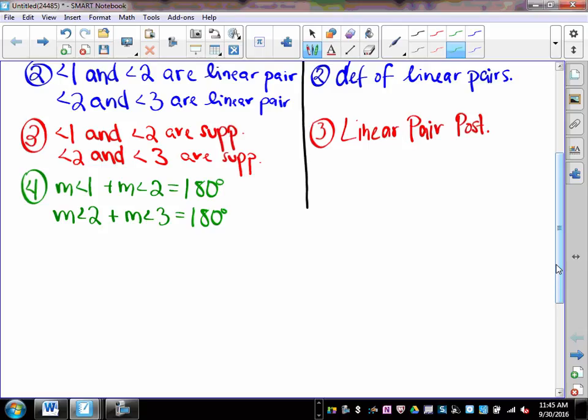We're not using the congruent supplements theorem yet because technically at this point we don't know about it yet, we're going to be proving it. All right, so how do we know this to be true? Good. Definition of supplementary angles. We know they're supplementary, thus we know their measures add up to 180.